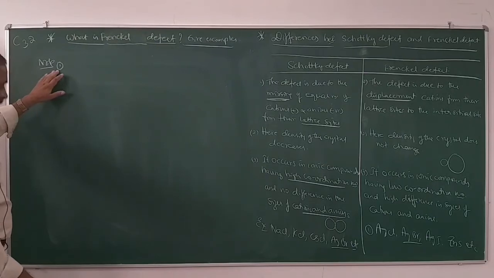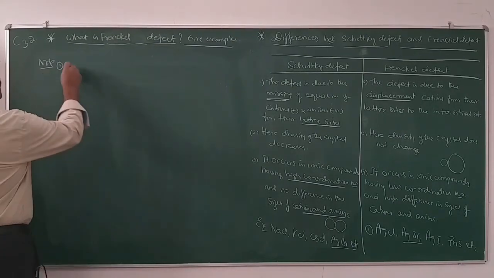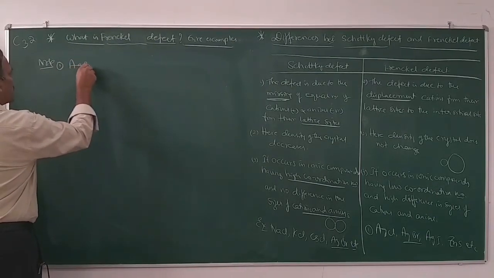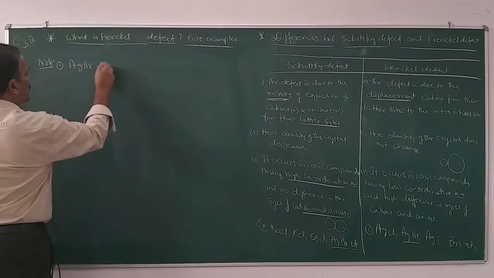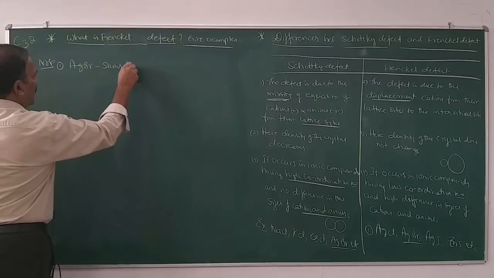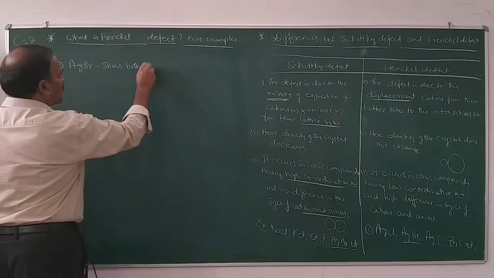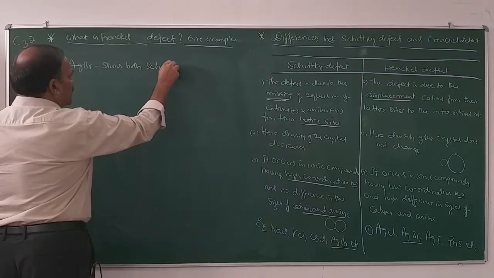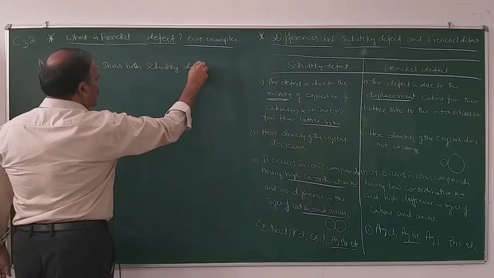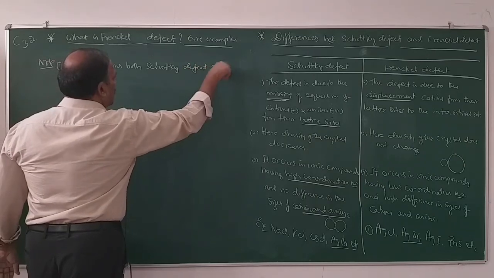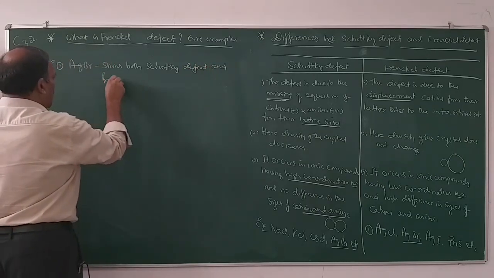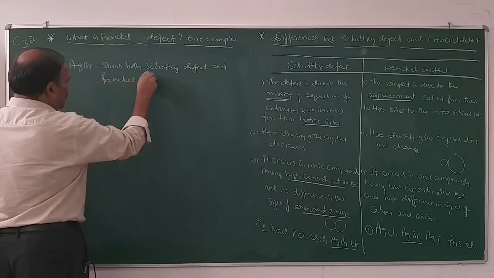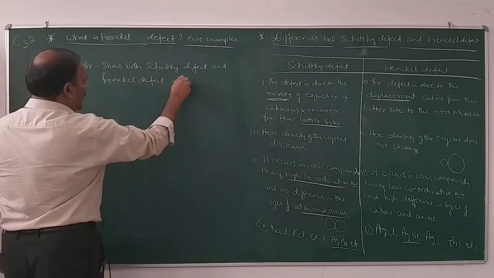So here note number 1, AgBr, silver bromide, shows both Schottky defect and Frenkel defect. Why?